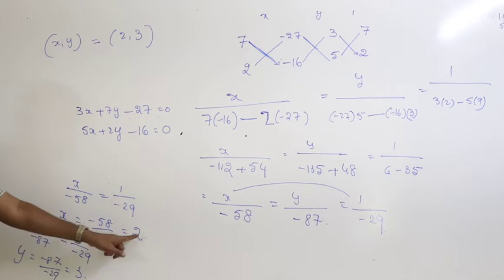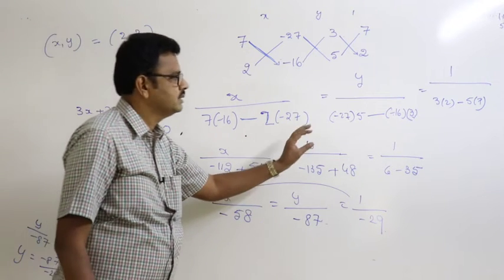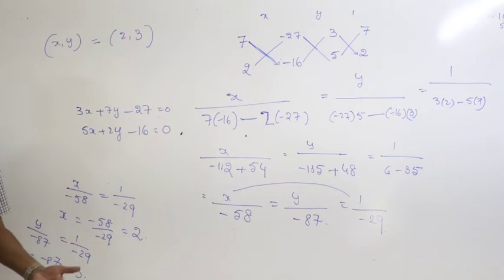Suppose x value is minus 2 by mistake, y value is still 3. Both are independent. So it is better to go for this process, because this is the first one. You can practice 2 or 3 problems, and automatically you will feel it is easy.